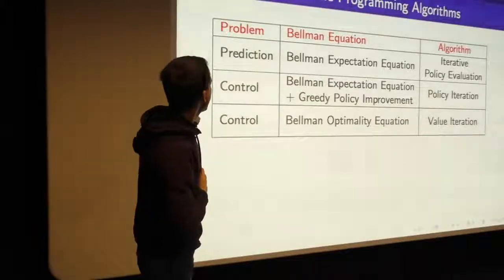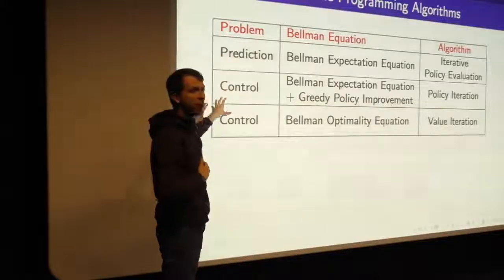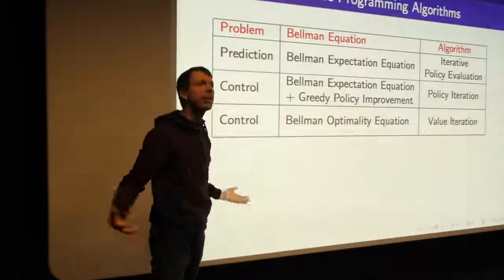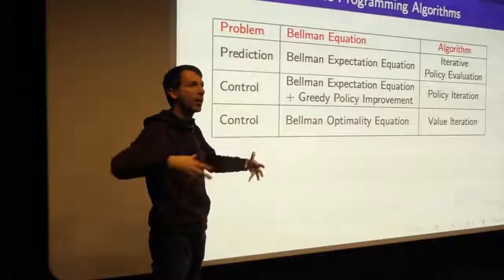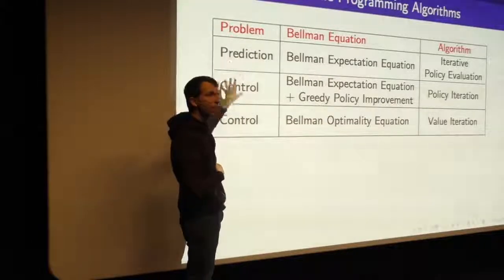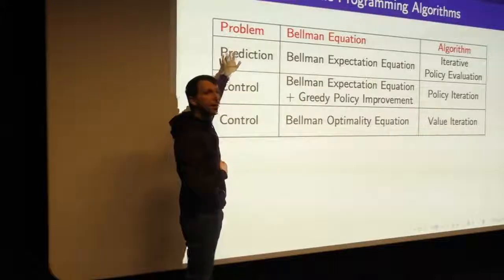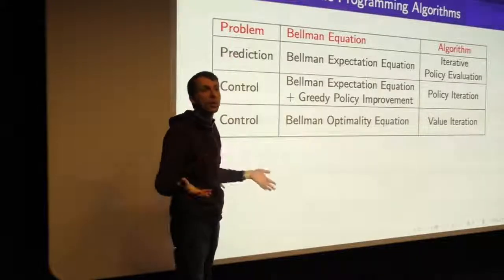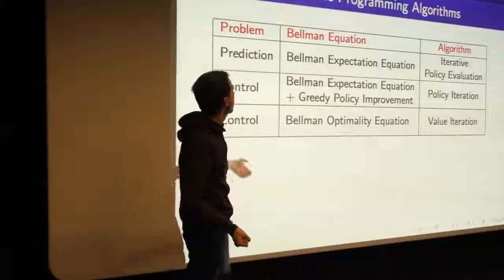Okay. So there are different problems that we're trying to solve. All of these are planning problems. In all cases, the MDP is given, and we're just trying to solve for that MDP. But there are two types of planning problem: prediction and control. In the first case, we're trying to say how much reward you get from some given policy.